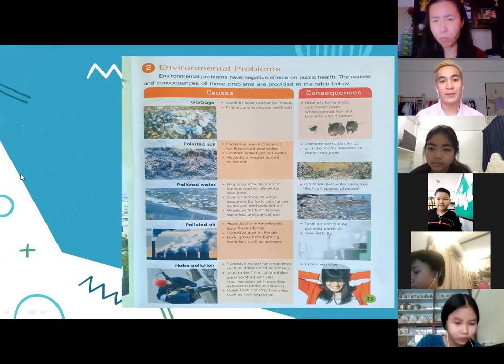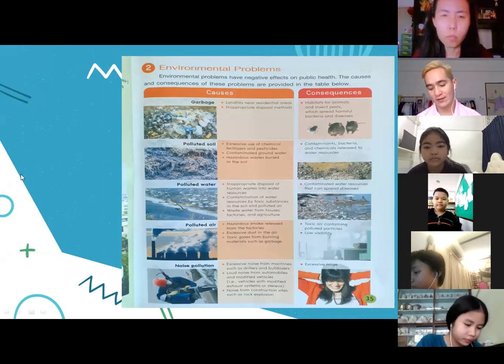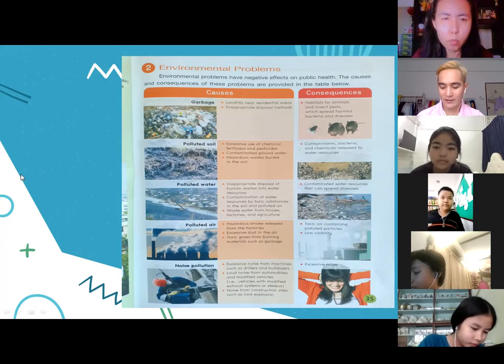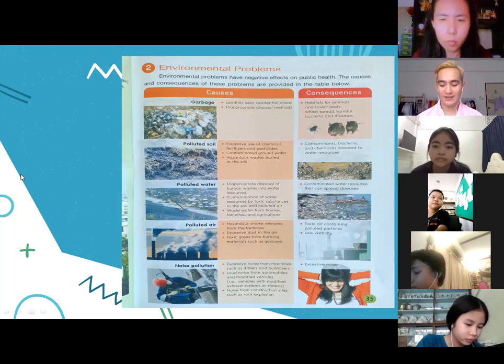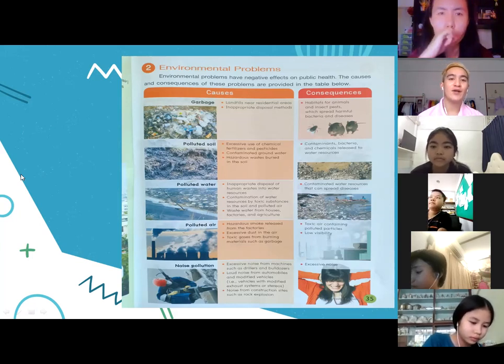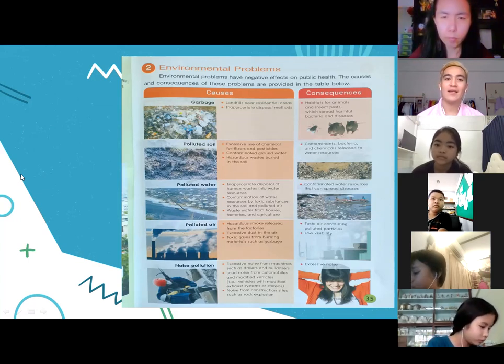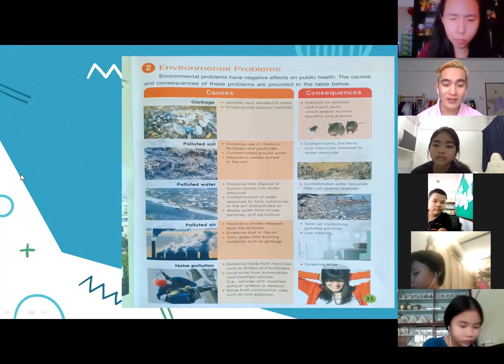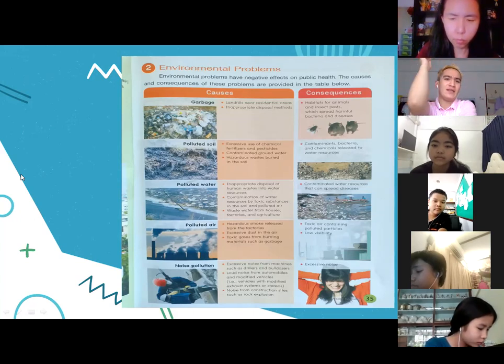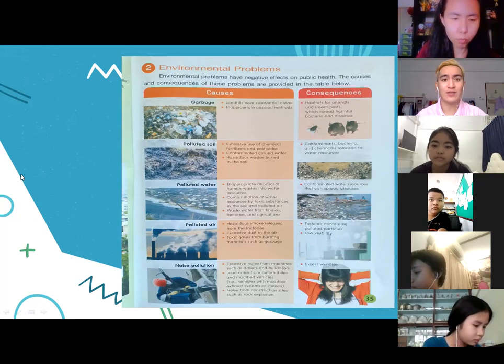Very good. So number 2, we have polluted soil. The causes are excessive use of chemical fertilizers and pesticides. When we say fertilizer, these are the things that the gardeners use for your plants. It is chemical, so always remember that chemicals are no good.